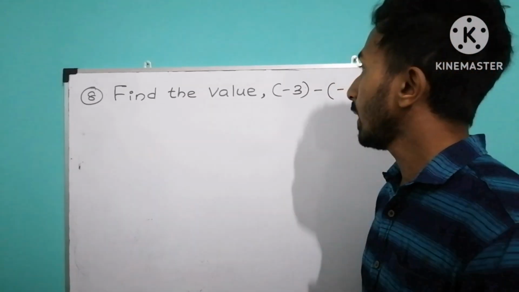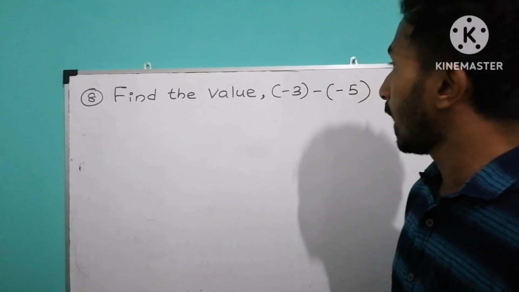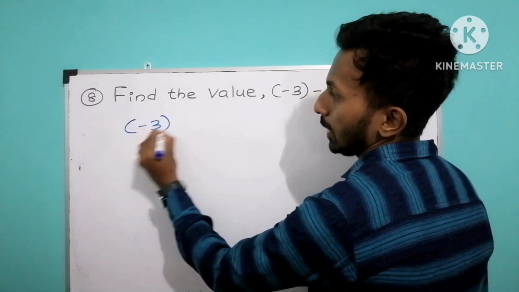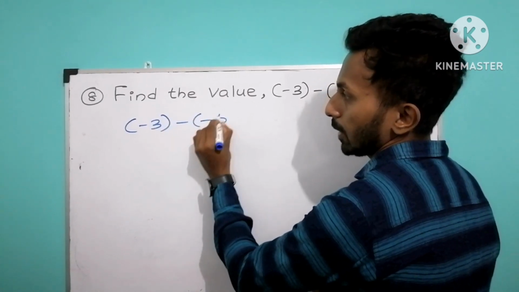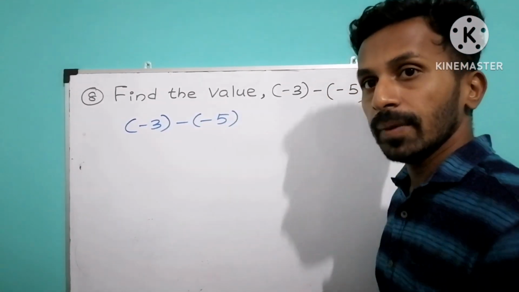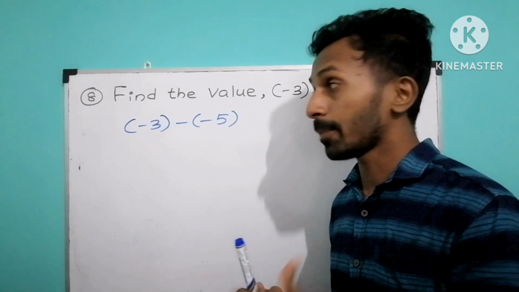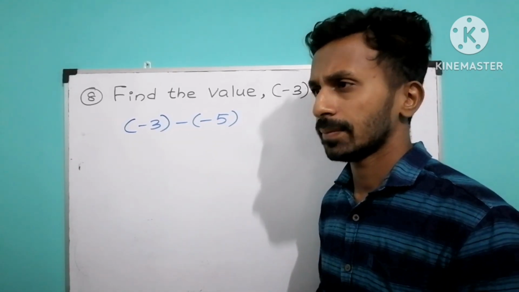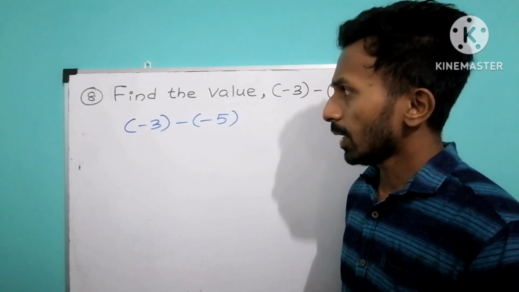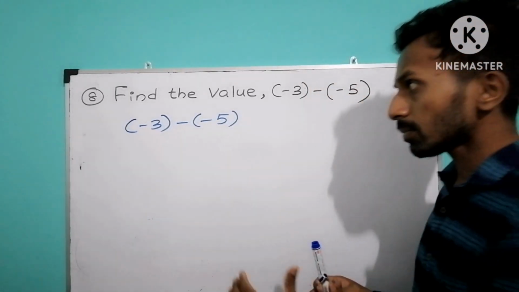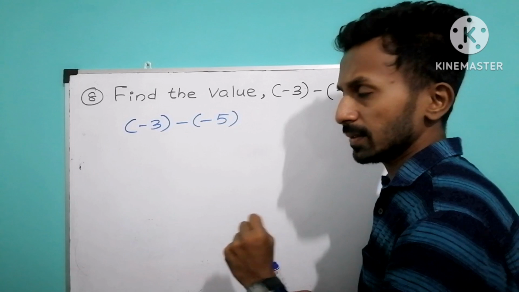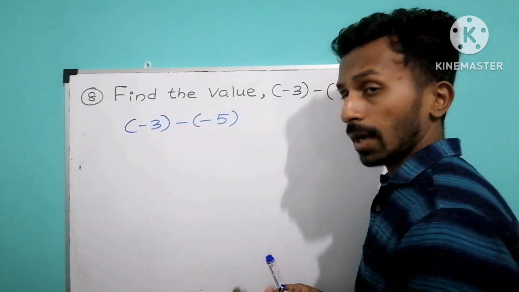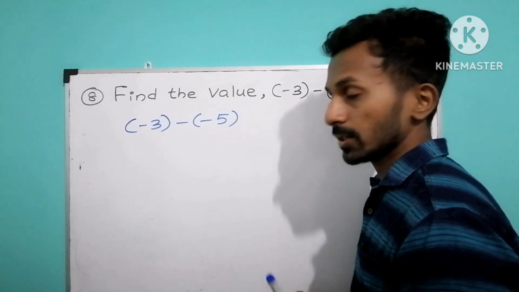Next one, find the value of minus 3 minus 5. When we simplify, that means adding or subtracting directed numbers, we can use a very simple method. Here we have to subtract, so I am going to change my question.